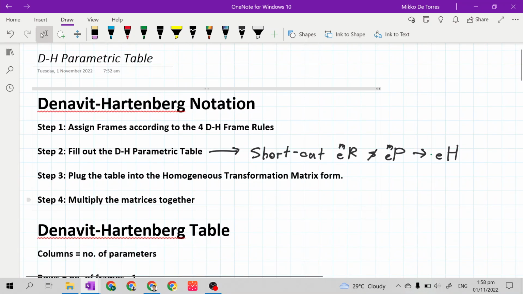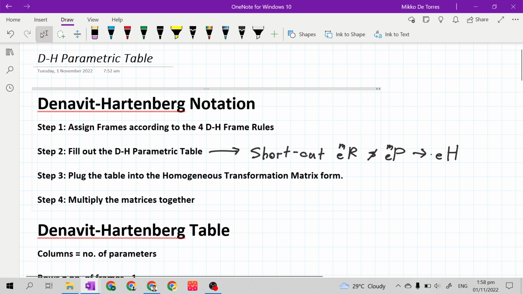Then, after converting the parametric table into homogeneous transformation matrices, we will multiply the matrices together to obtain the homogeneous transformation matrix of a mechanical manipulator.